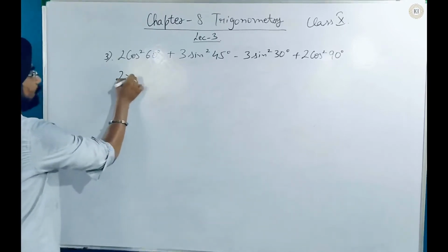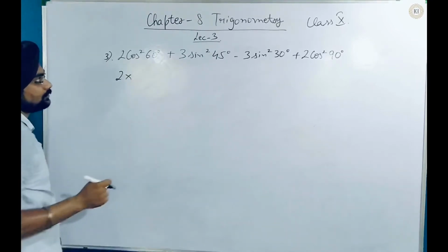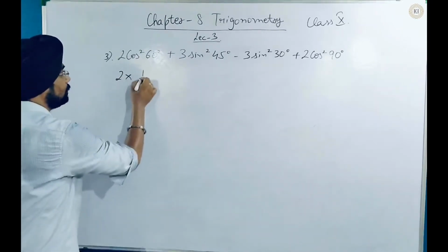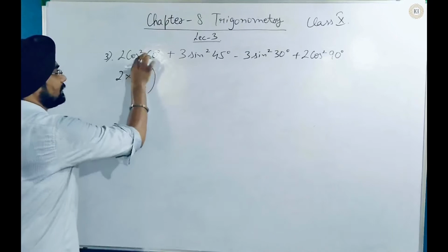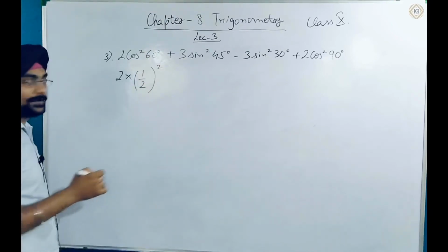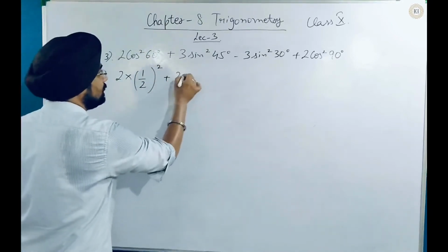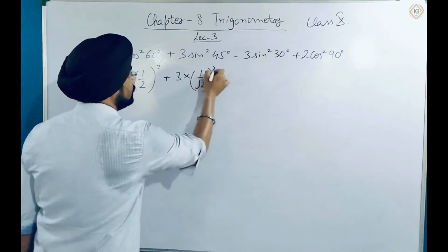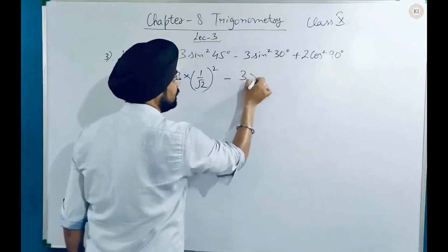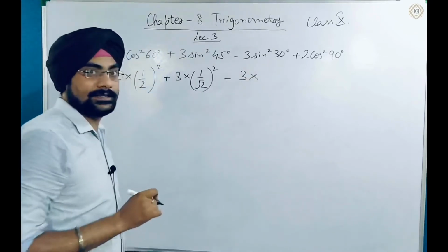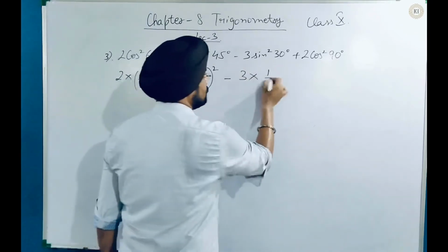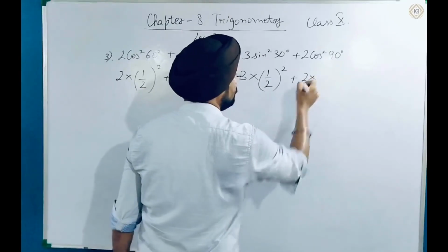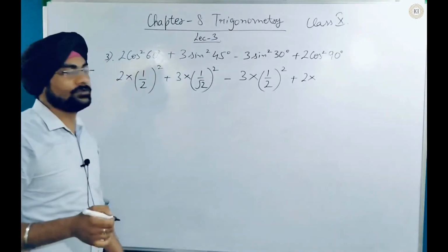So 2 into cos 60, value of cos 60 we know, that is 1 by 2, so we put the square here, plus 3 into sine 45 value is 1 by root 2, again square, minus 3 into value of sine 30 is 1 by 2, so put here 1 by 2 square, plus 2 into cos 90, value of cos 90 is 0.